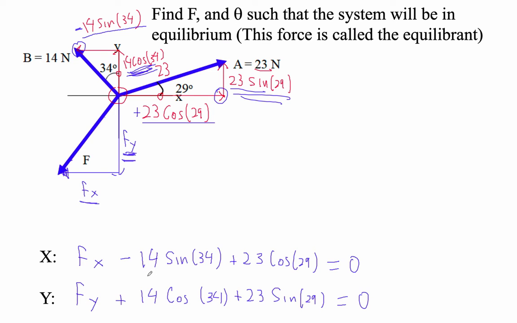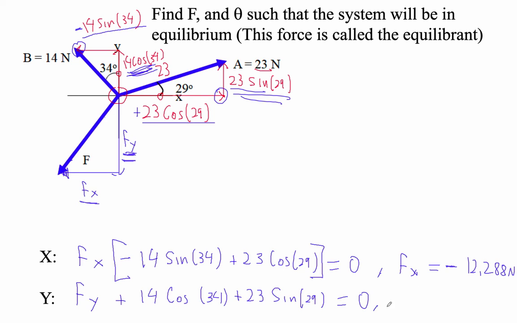Now let me calculate. Basically, Fx is just going to be the opposite of whatever's in these brackets. So 14 sine 34, 23 cos 29. And Fx is equal to negative 12.288 newtons.